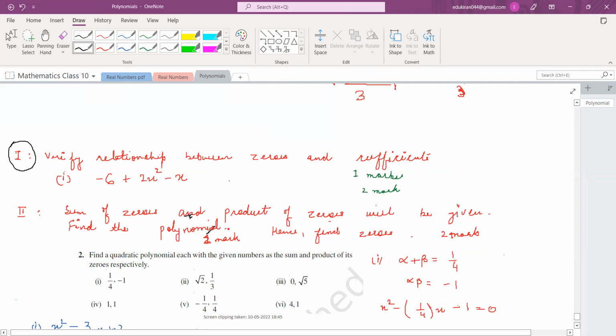This kind of question will come from this, and it will be a 1 mark or 2 mark question. Then the second type of question that will come is the second question of the exercise, question number 2, right? This type of question will come from this exercise.